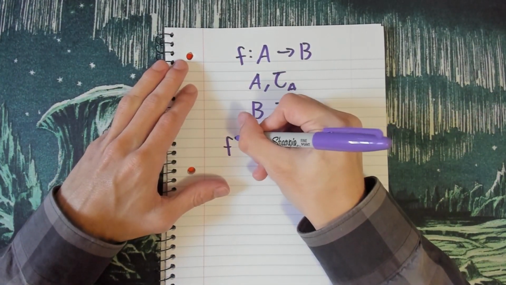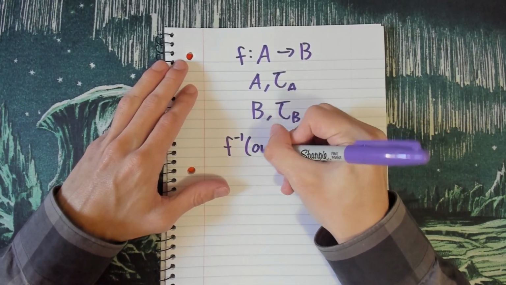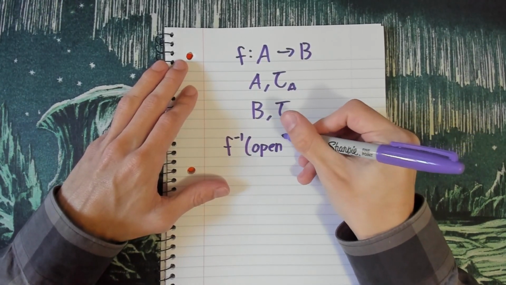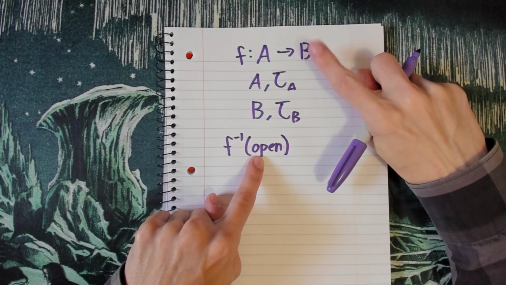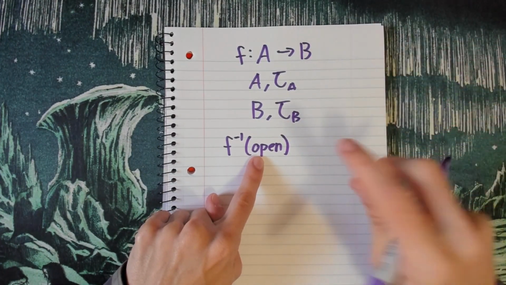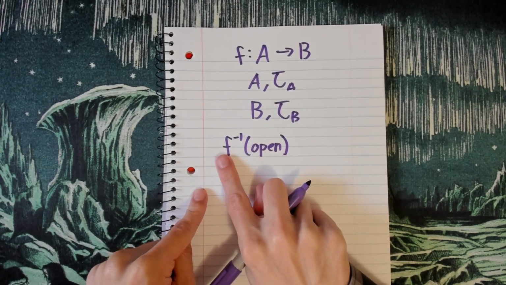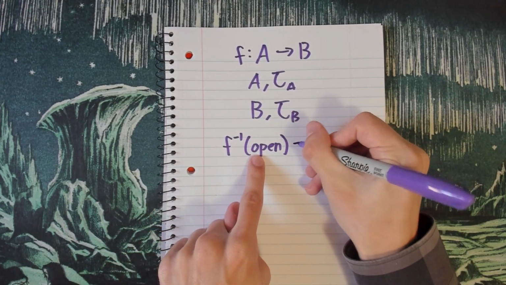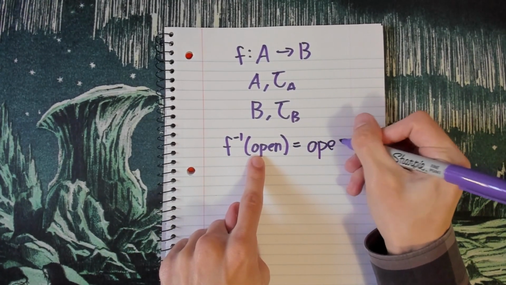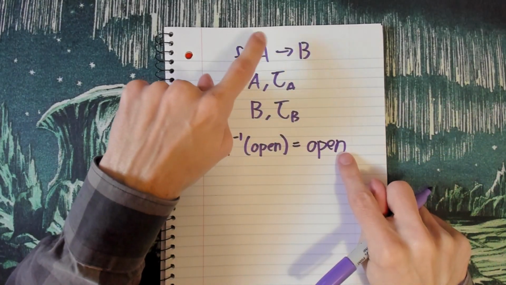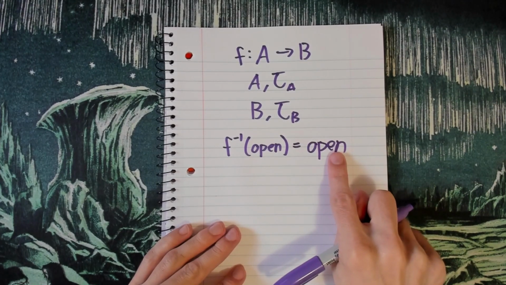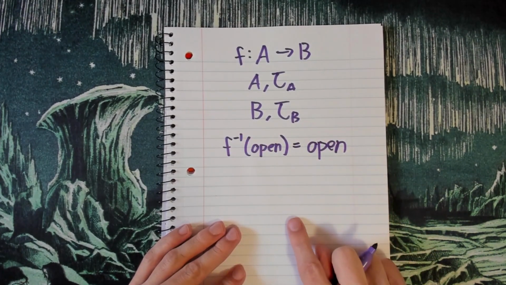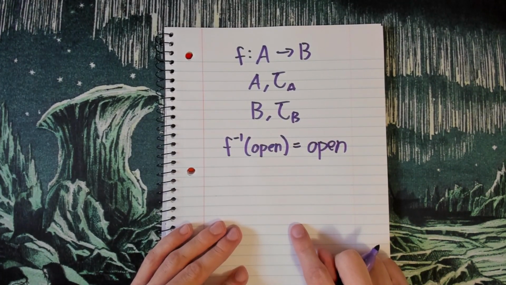Well, if for any open set of the topological space over here, I take the inverse of F of that open set, I end up with an open set over here. So in other words, open goes to open under the inverse of F. Then I say, if this is always the case, that F is continuous.